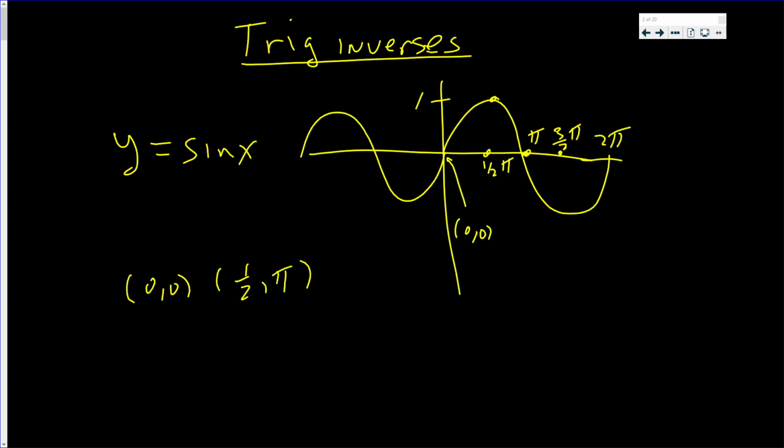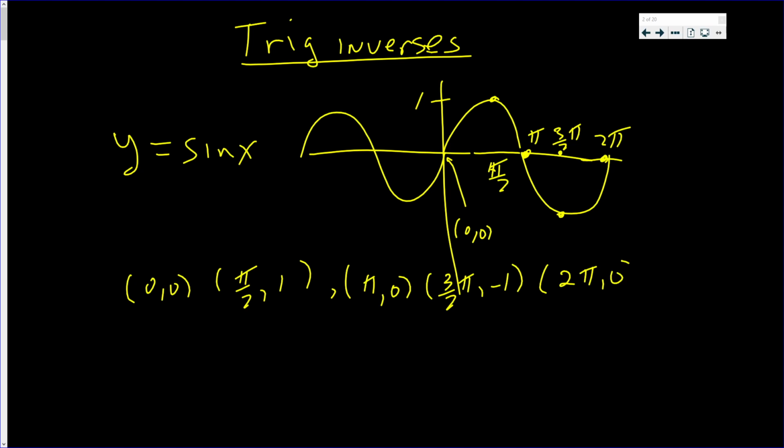The point before is going to be 1/2 pi, 1. This point is going to be pi, 0. The next point is going to be 3/2 pi, -1. And this point here is going to be 2 pi, 0.